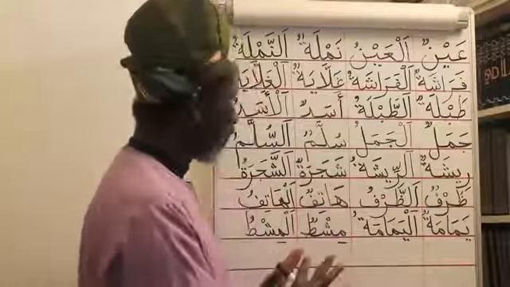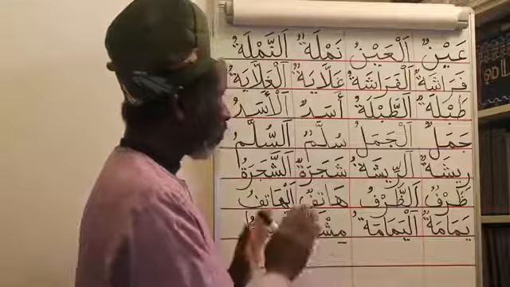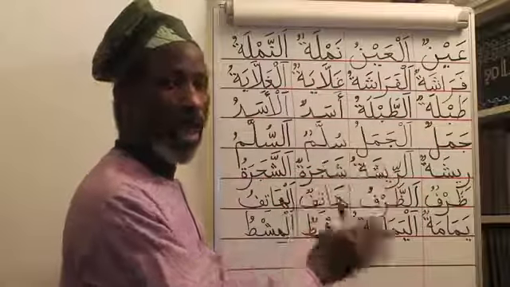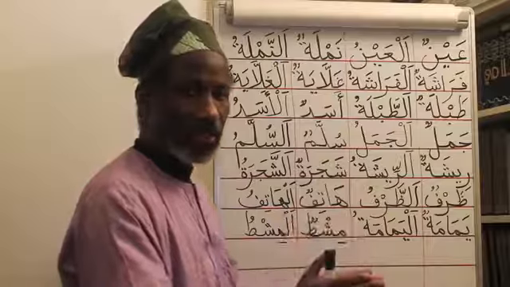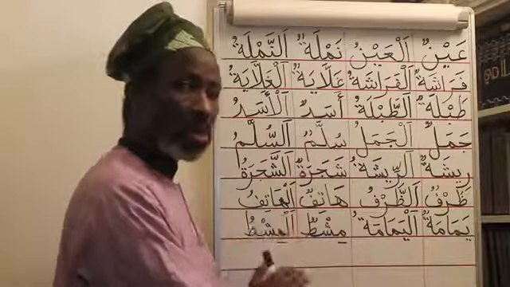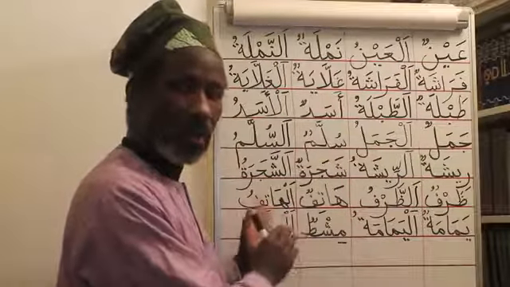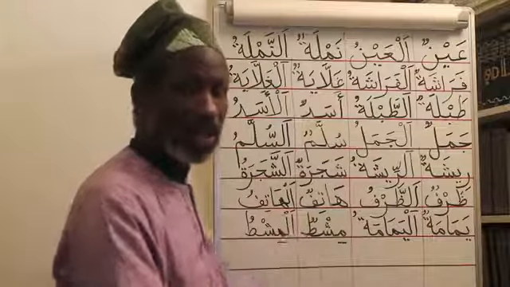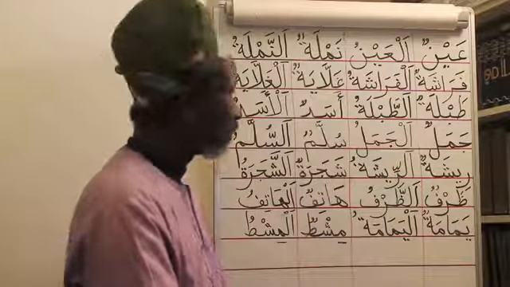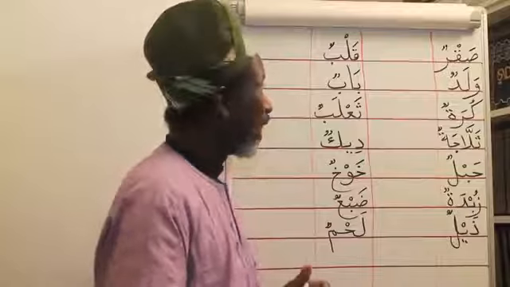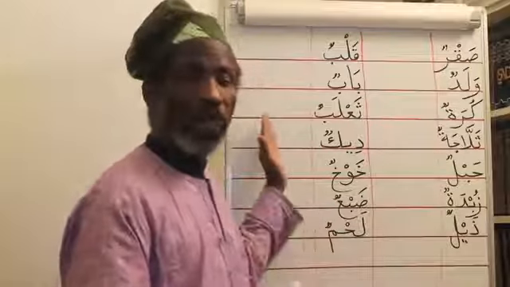Now we have just finished the right hand side column of page 68. Now we're going to move on to do the left hand side column on the same page, page 68.